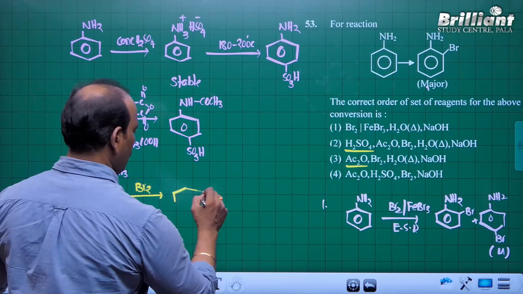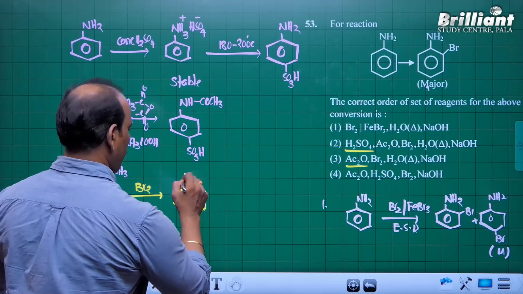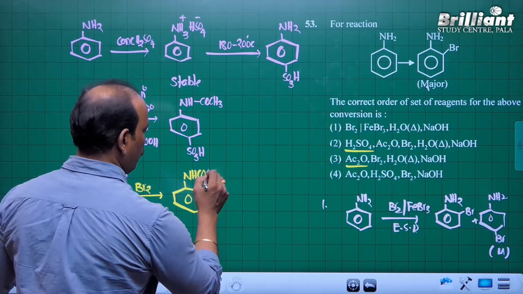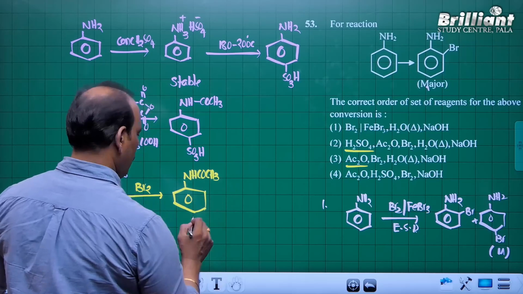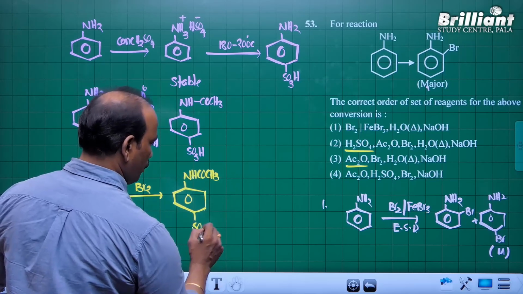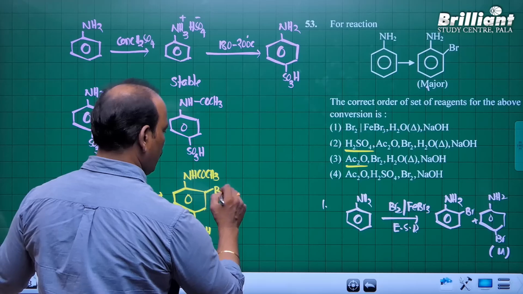Then we get NHCOCH3. Then this is SO3H and this is Br.